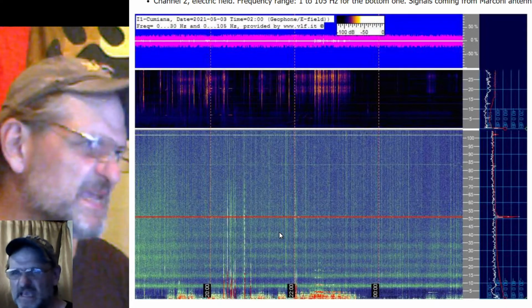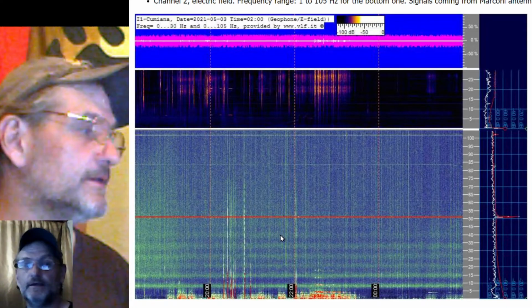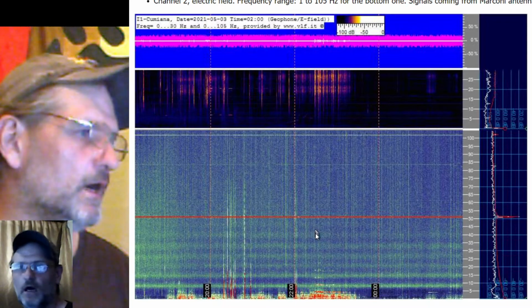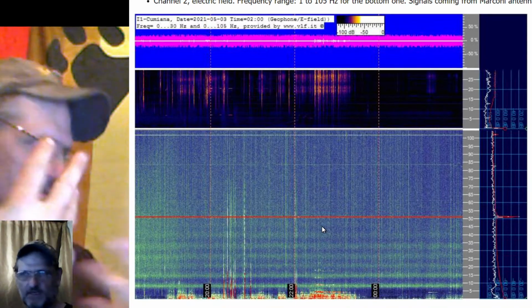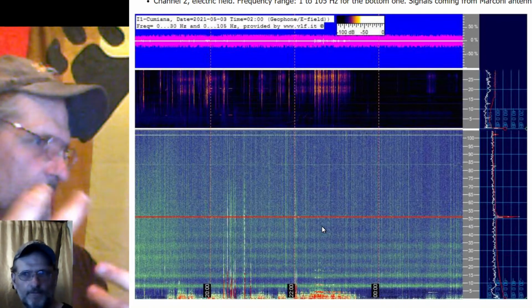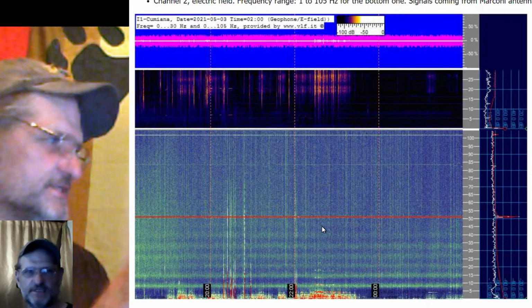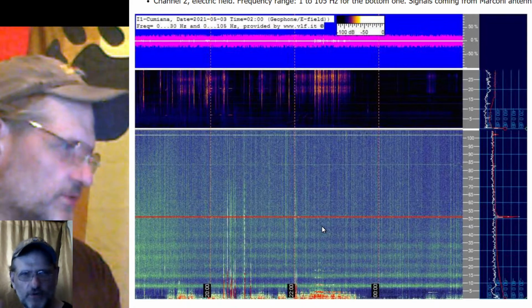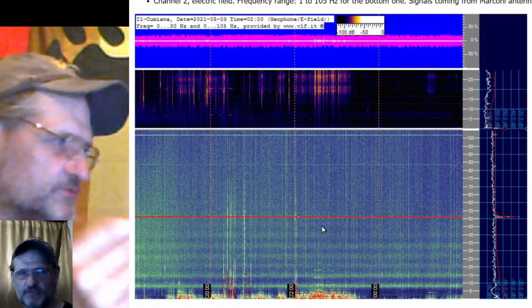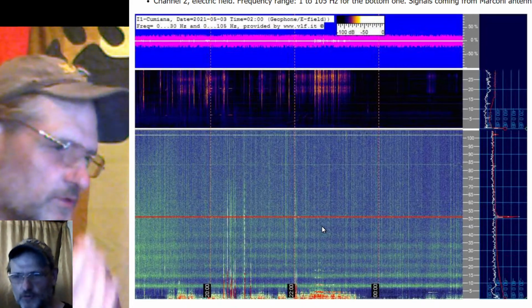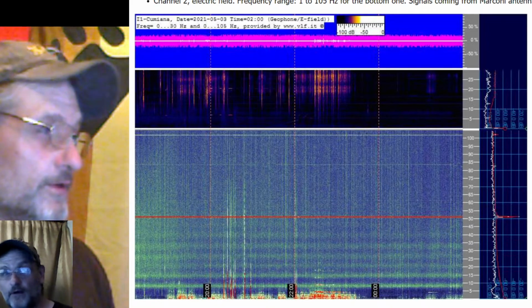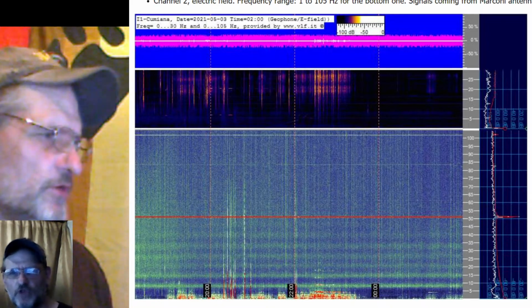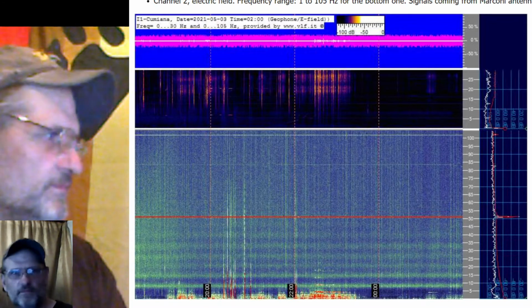There's a natural impedance of the antenna itself. The wire itself has a natural resistance as current moves through it.